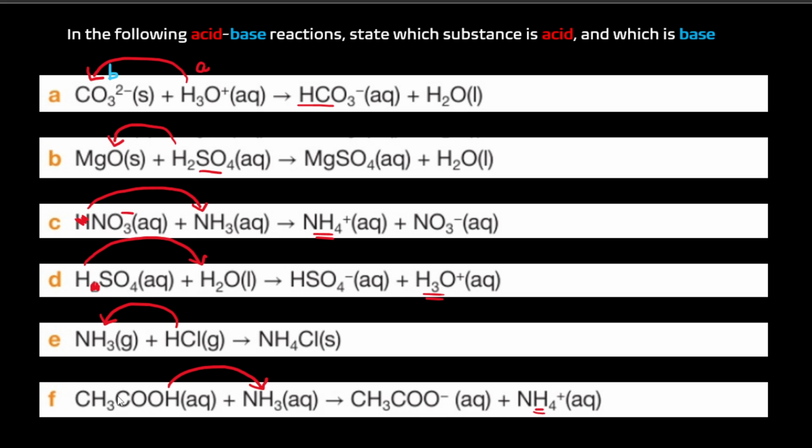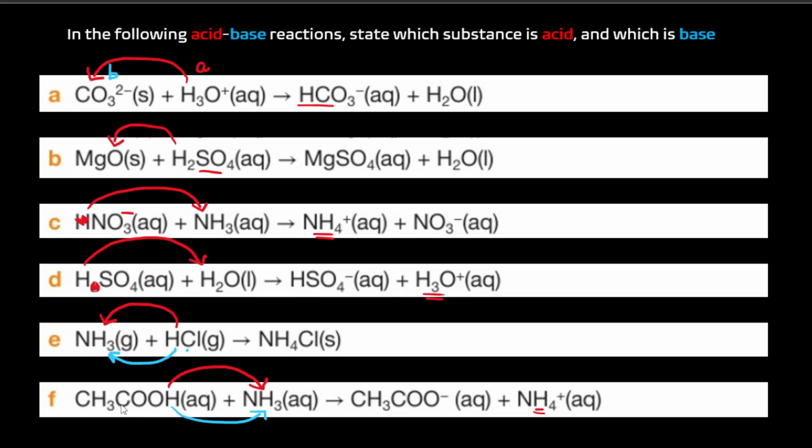So CH3COOH is an acid. If you want to go the other way around, you can also say that NH3 is a base because it accepted the hydrogen ion or proton from the acid.